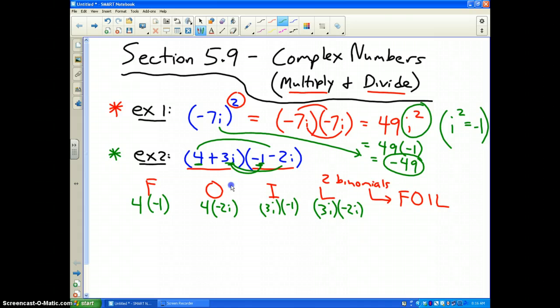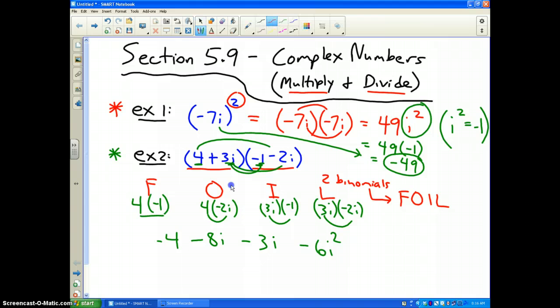Now, if I simplify this, 4 times negative 1 is negative 4. 4 times negative 2i is negative 8i. 3i times negative 1 is negative 3i. And then the last part, 3i times negative 2i, is negative 6i squared.